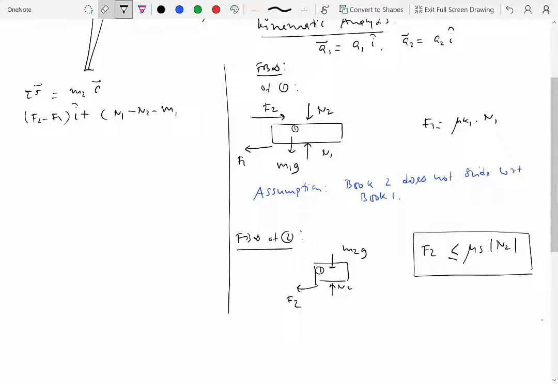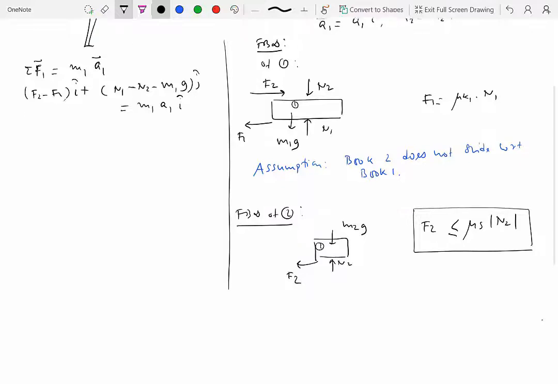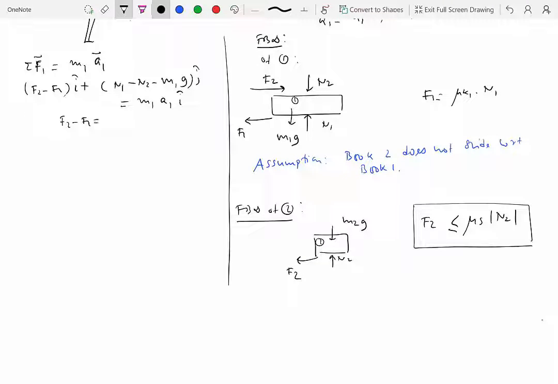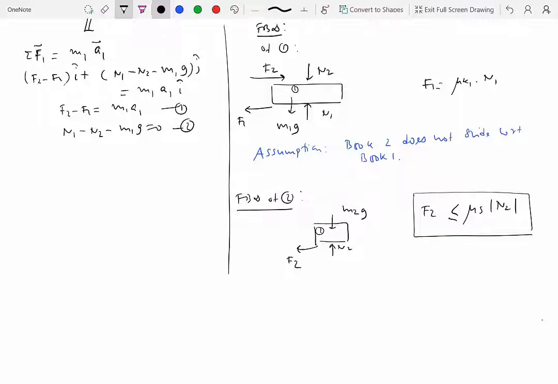Sorry for this mess. And A1 is entirely along I hat, right? So that gives us F2 minus F1 equal to M1A1, and we get N1 minus N2 minus M1G equal to 0. So those are the two equations we get from that.